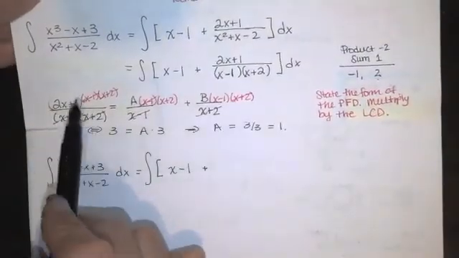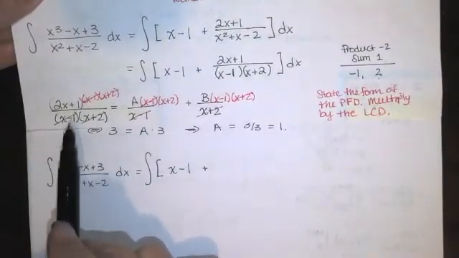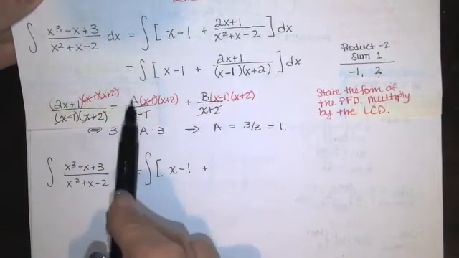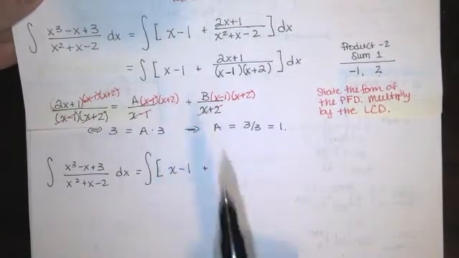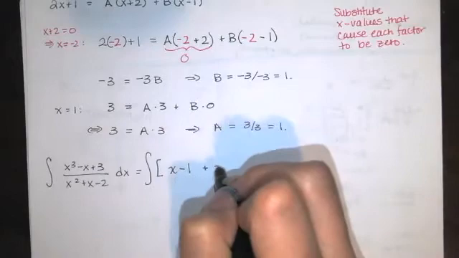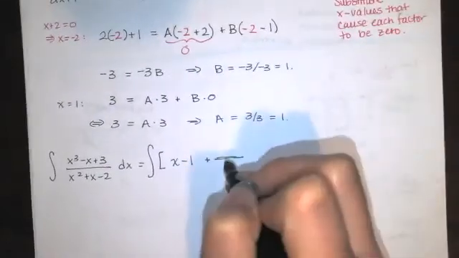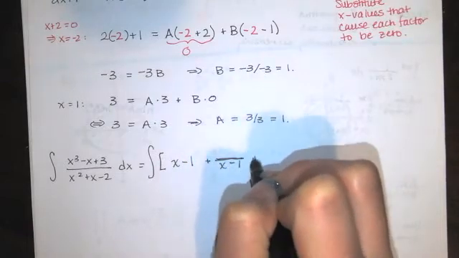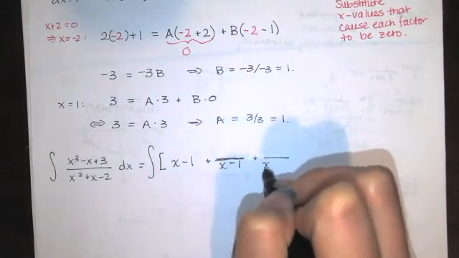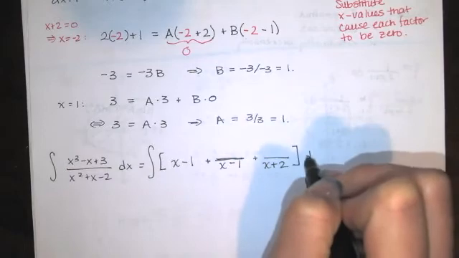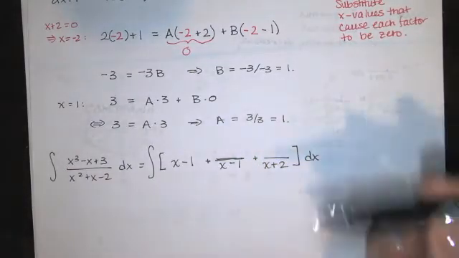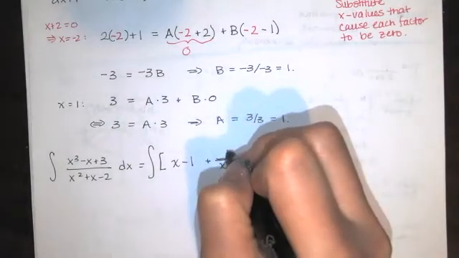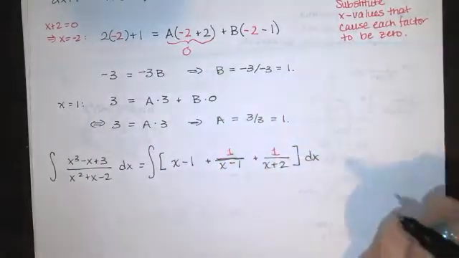And then remember, the remainder over the divisor would be equal to this constant over this factor plus this constant over that factor. A over x minus 1 plus b over x plus 2. Now that we have a and b, we just substitute them. A was 1 and b was 1.